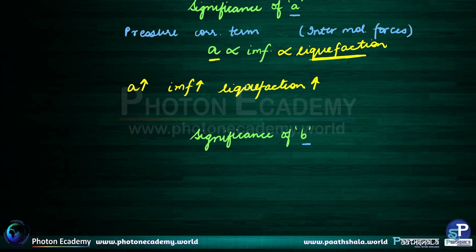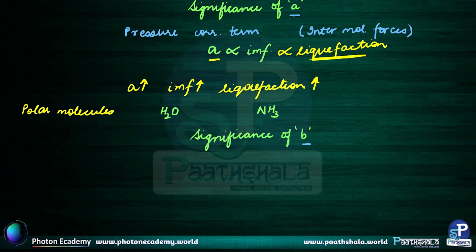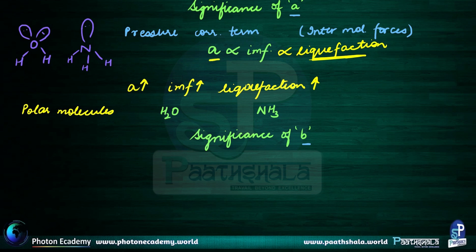So for polar molecules, let's say water and ammonia, what can you think about A of each of them? If we draw the structure, we have water here with two lone pairs, and ammonia here with one lone pair.